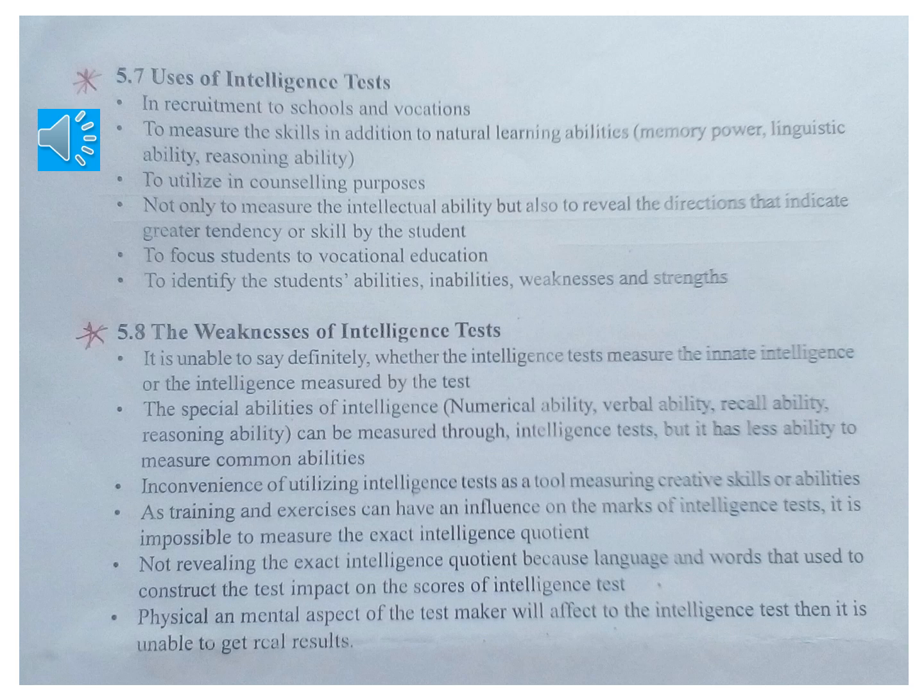Intelligence is a whole thing. The special abilities of intelligence, numerical, verbal, etc., can be measured through intelligence tests, but it has less ability to measure common abilities. That's what I said earlier, right? Certain areas can be measured.